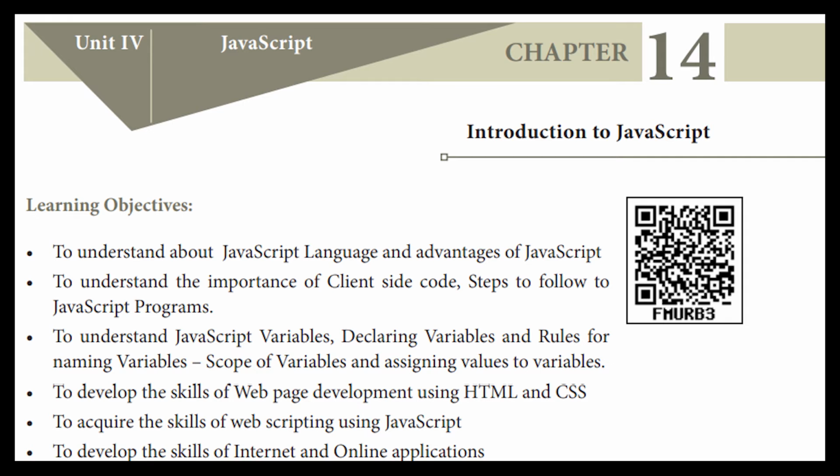And then the assignment operator. We know equal to is the assignment operator. If you give a is equal to 1, whatever is on the right side will be assigned to the left side, so a will be 1. So the value has been assigned to that particular variable, right?